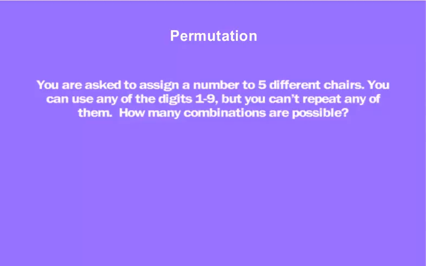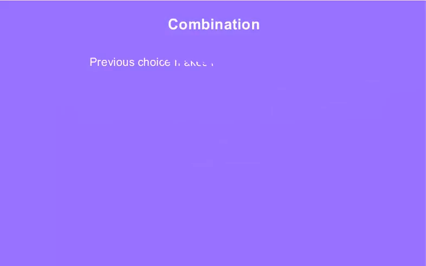Since you've used that number, you can't repeat it, so you only have 8 numbers left for the second desk. Since you will have used 2 numbers now, you now have 7 choices. So to work it out, it's 9 times 8 times 7 times 6 times 5, which gives us 15,120 possibilities.